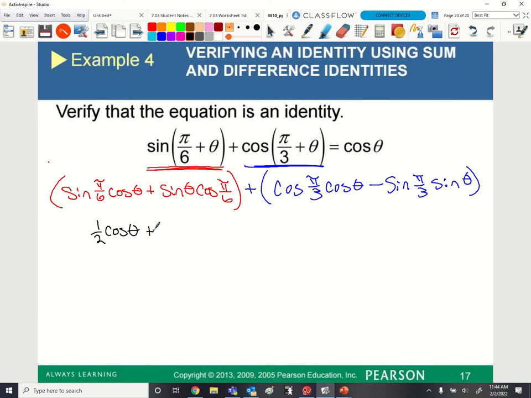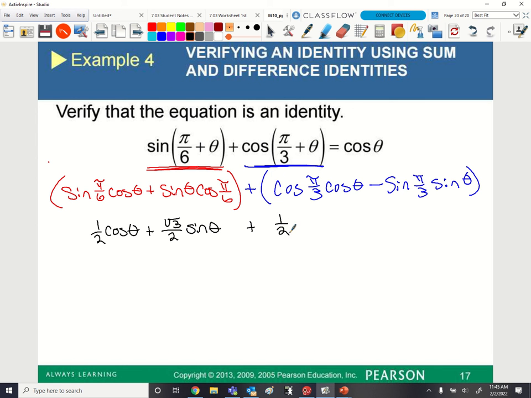So it's plus rad 3 over 2 times the sine of theta. You agree? Yes? Okay. So I put the real number in front of the variable. Sine theta, I'm treating that like my variable there. So the number goes out front. Bring down my plus.